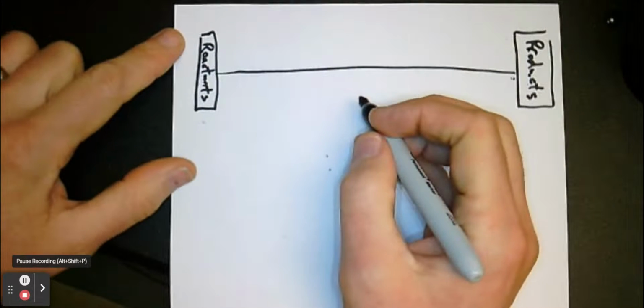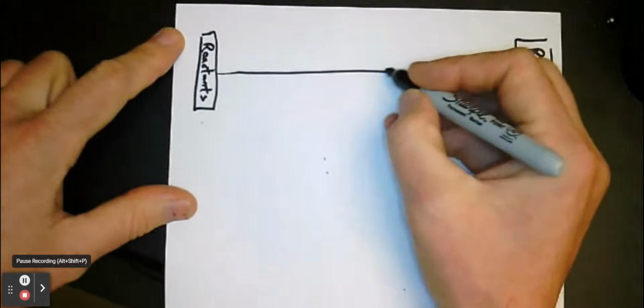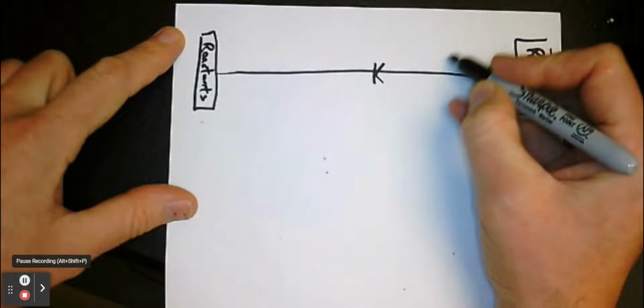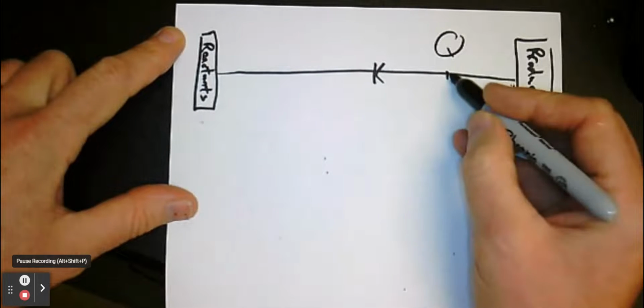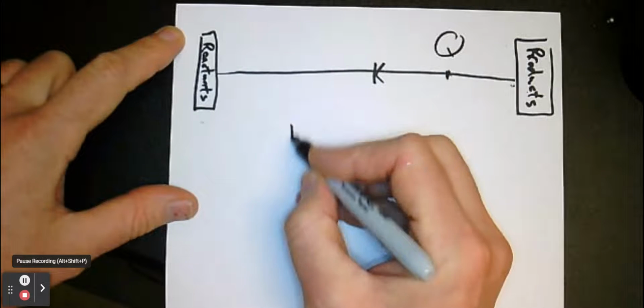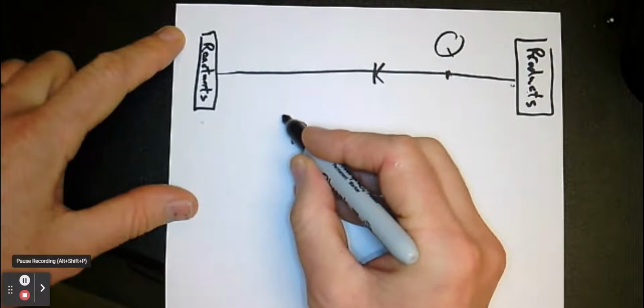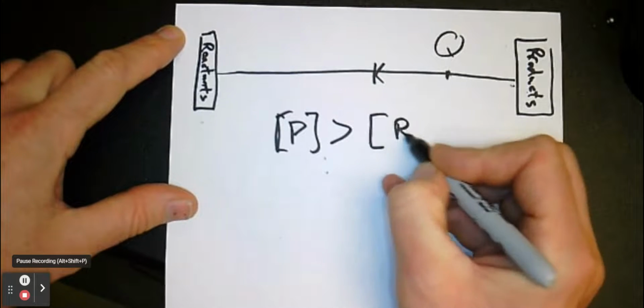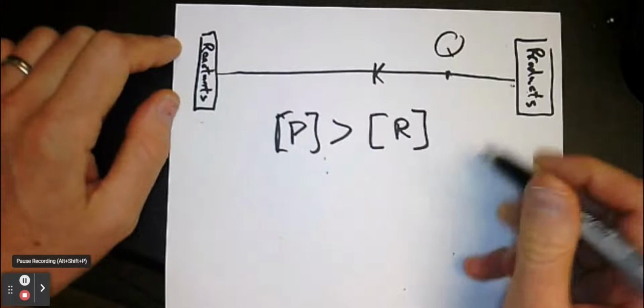Okay, now let's do it. Like here's our K value. Let's say I've got Q here, which means the concentration of my products is greater than my concentration of my reactants.